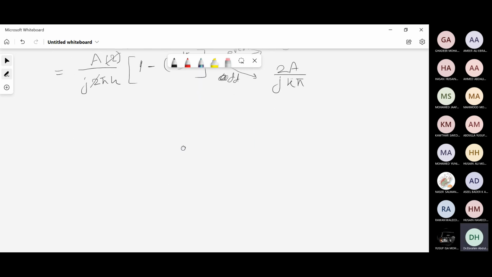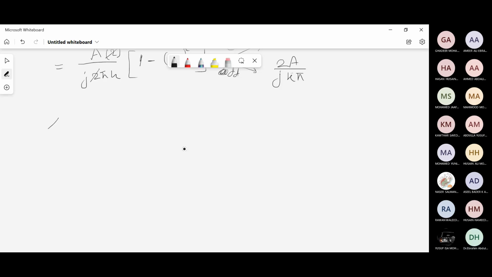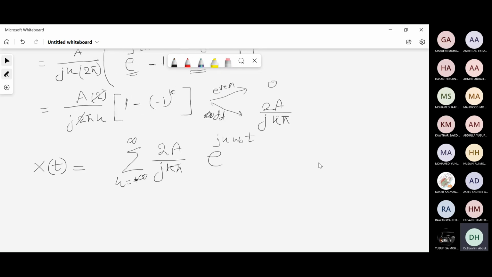So form number 1: x of t equals the summation of 2a divided by jk pi, e to the power of jk omega naught t, for k from minus infinity to plus infinity, but this is only for odd k, because the even part is equal to 0.